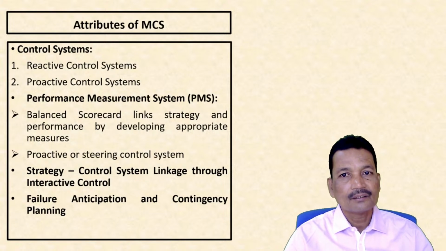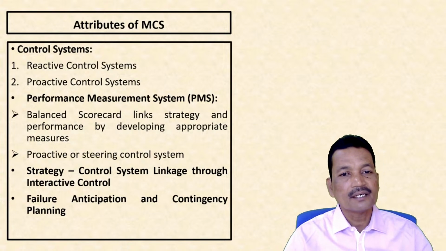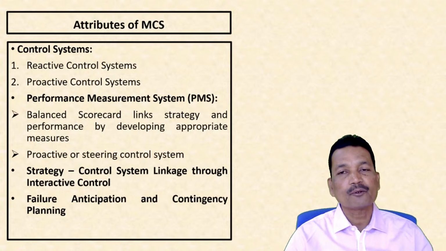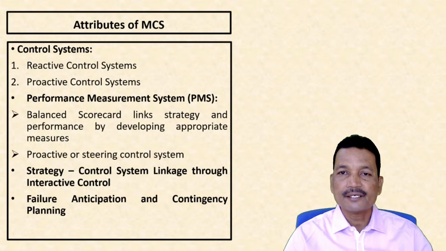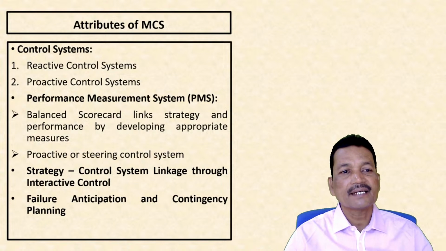For that, one of the most important tools that has been developed is the balanced scorecard. This balanced scorecard links the strategy and performance by developing appropriate measures. What happens here? According to strategy, we plan the various kinds of activities.